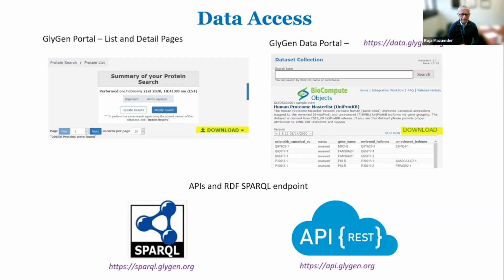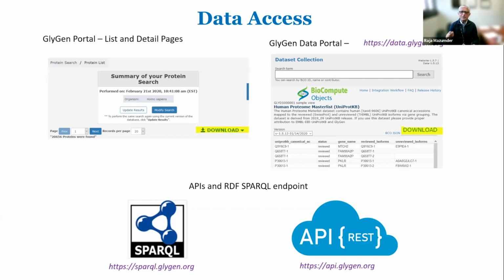So let's say a collaborator, including one of you, has a paper and you have a table of glycosylation sites and the glycans attached to the sites in a certain condition or a certain experiment. If you were to share the table through GlyGen, then of course, your paper will be cited, the name gets cited, and that table stands on its own.